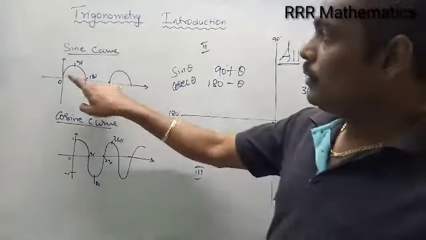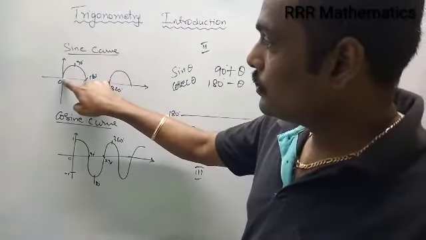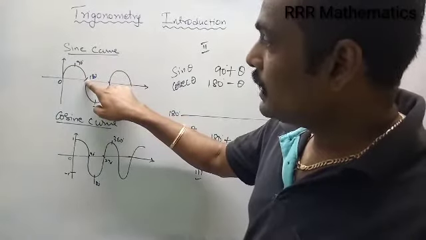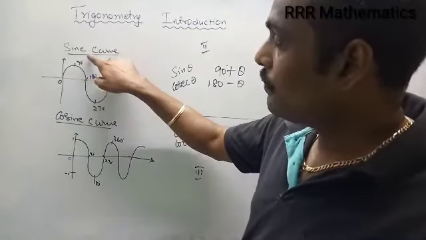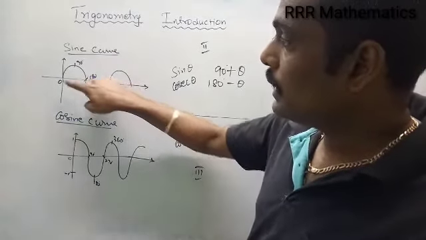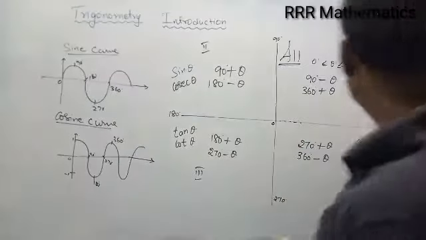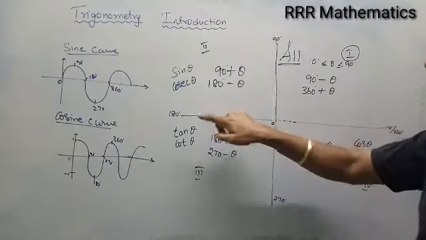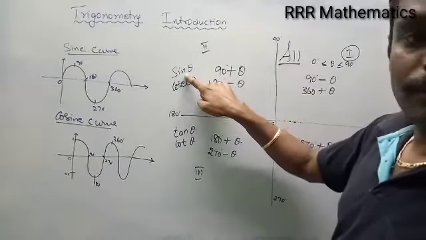See, this is the sine curve. I'll explain. 0 to 90, 180. So from 0 to 180, sine is positive above the x-axis. The values appear for the sine curve from 0 to 180 degree above the x-axis. It is positive. This is 0, 90, 180. So from 0 to 180, sine is positive here and also positive here.